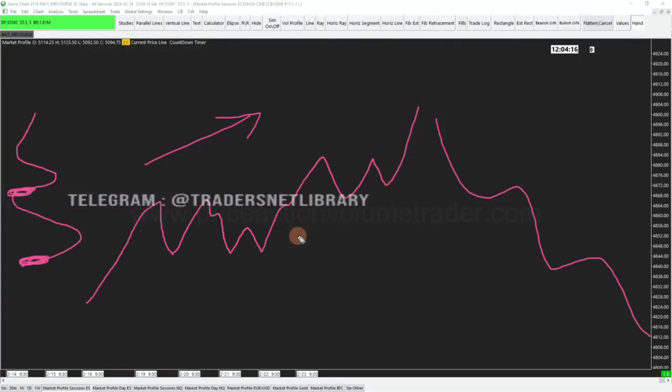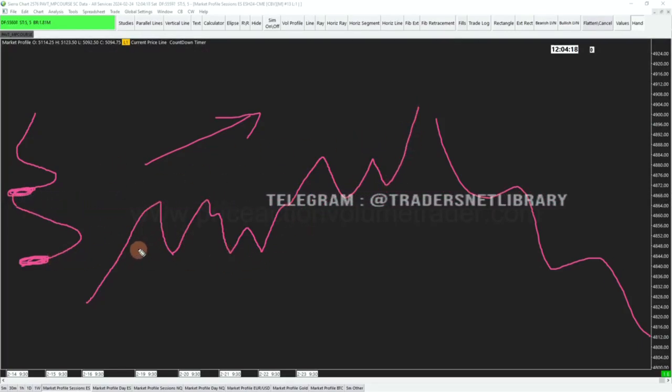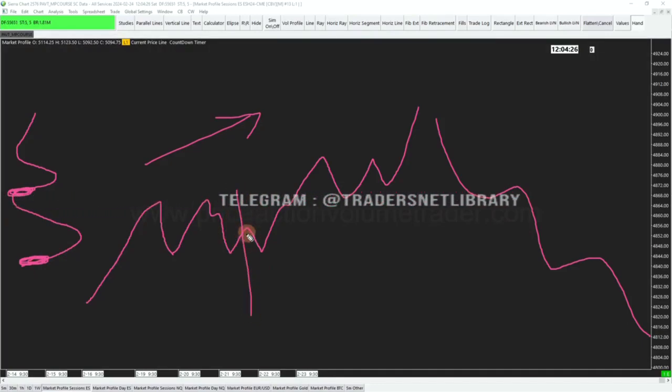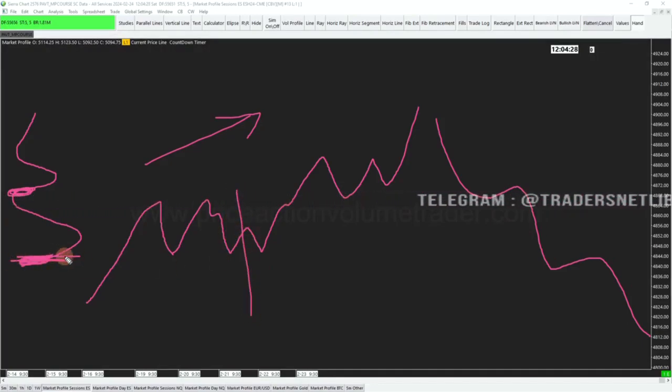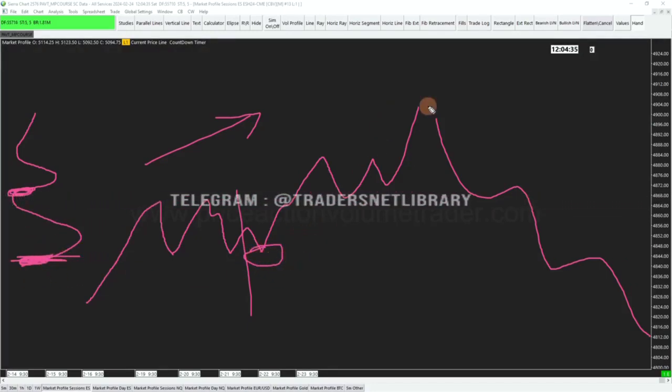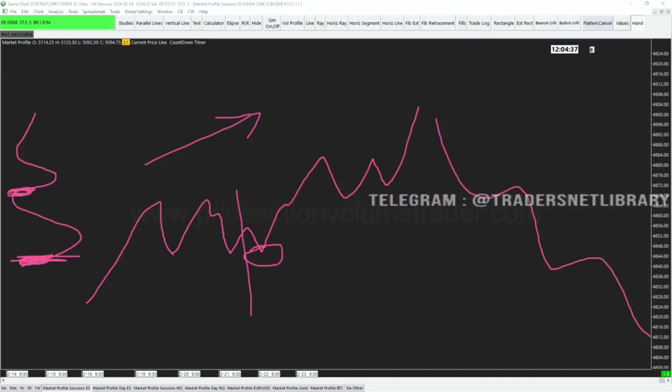This might take some time for us to clearly see this high volume node formed, but once we're right around this point, we have a clear edge, a ledge at the bottom of this high volume node. And this is when we want to be taking trades in order to get long.